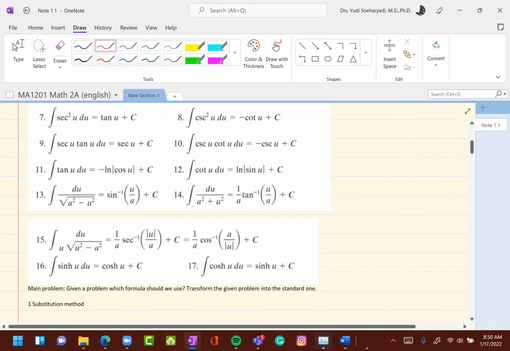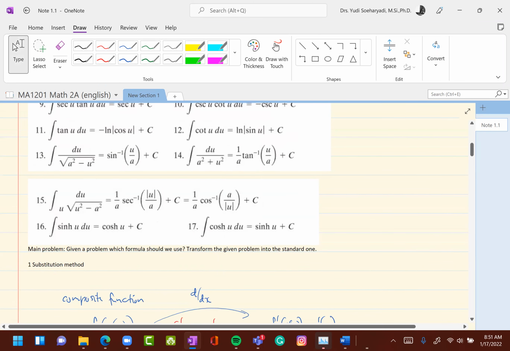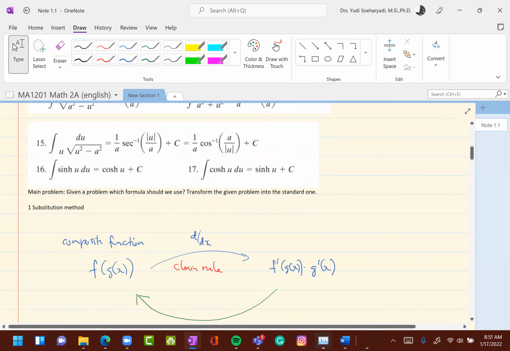So if you recall or memorize this formula, then that's all right too. But for me, usually this just 1, that's easier. So that's the basic idea.